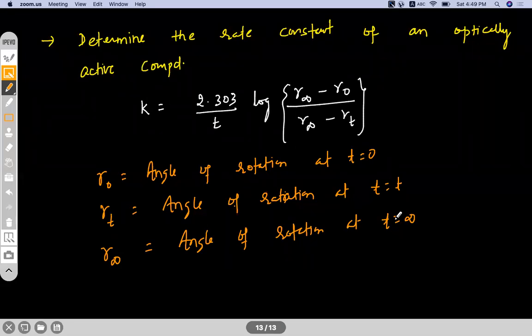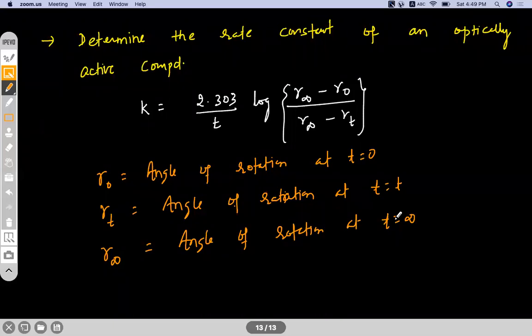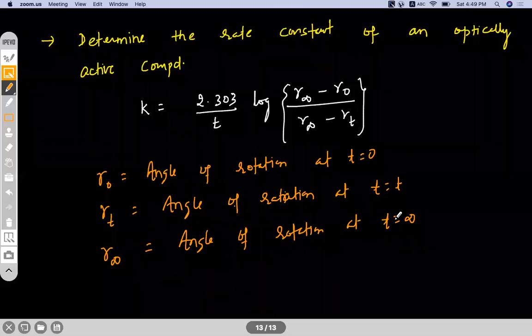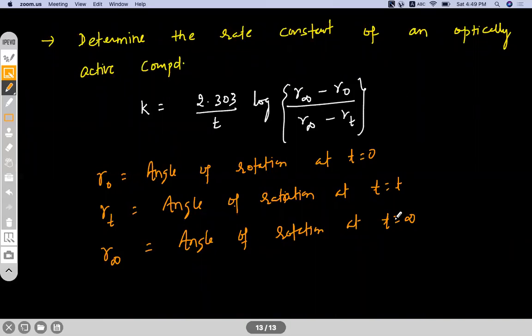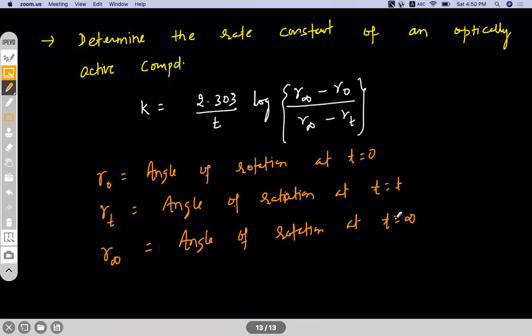Again the same thing, if any value is not given, substitute it as 0, you'll get the same expression. Done?